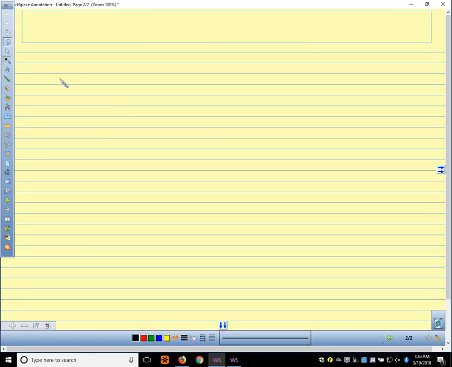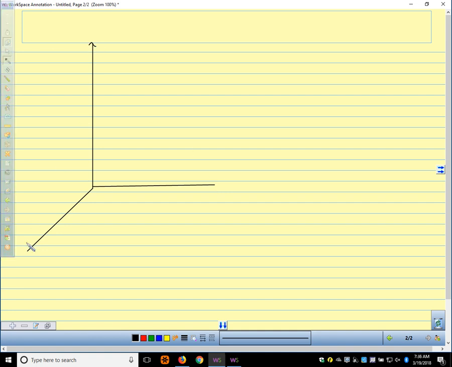Okay, so here is our picture. I'm going to magnify this portion. So here is P sub ij. And we're going to construct vectors that are parallel to the x-axis.